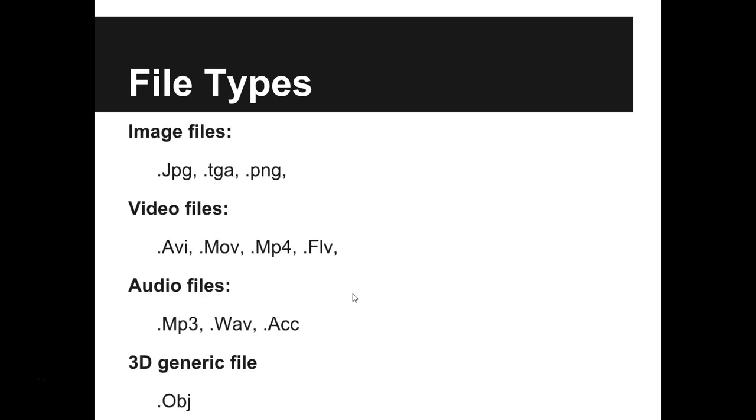Now there are different file types, as you saw. The common image file types, we have JPEG, Targa, and PNGs, which are just images that you can view, right? You also have common video files, audio files, and 3D generic files. We also have compressed files, in which in some cases maybe you can't fit something in email and you don't want to put it in Google Drive or whatever.